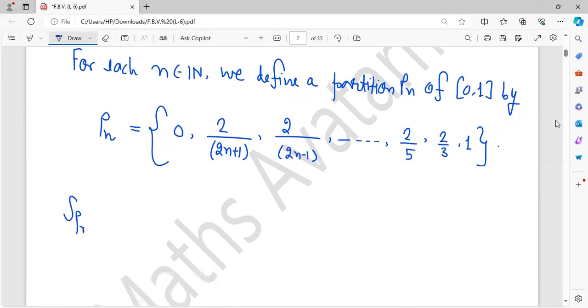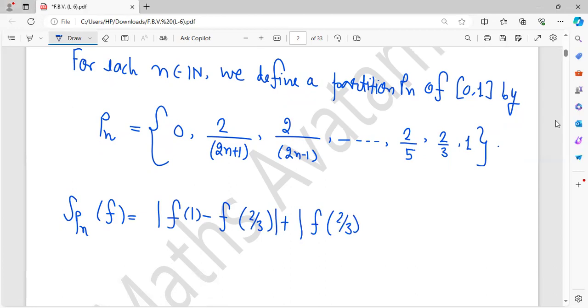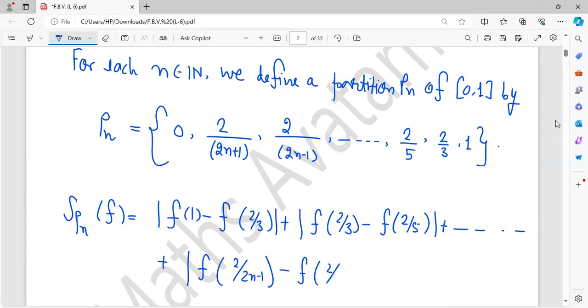It is |f(1) - f(2/3)| + |f(2/3) - f(2/5)| and so on, plus |f(2/(2n-1)) - f(2/(2n+1))|, and then plus |f(2/(2n+1)) - f(0)|. Okay, so let's solve it.